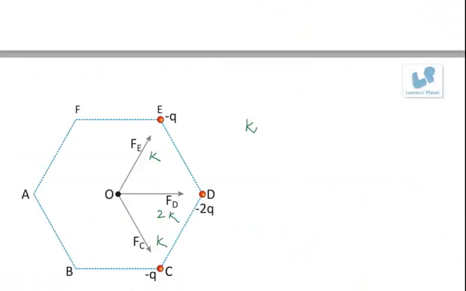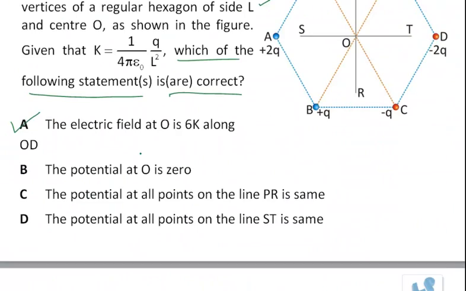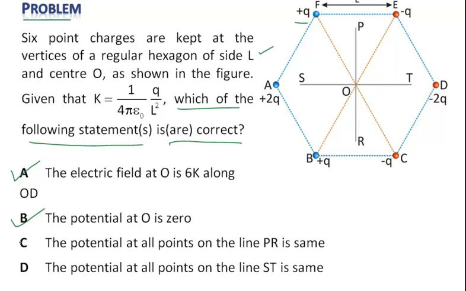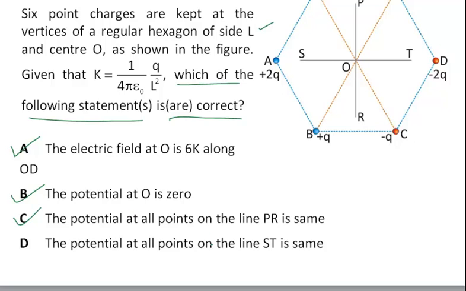But here we have to assume that no other electrical phenomena are present. So the potential at O is 0, and the potential at all points on the line PR is the same. That's correct, because that's an equatorial line. Potential at all points on the line ST is the same. This is incorrect.